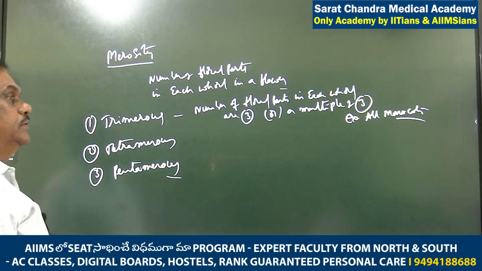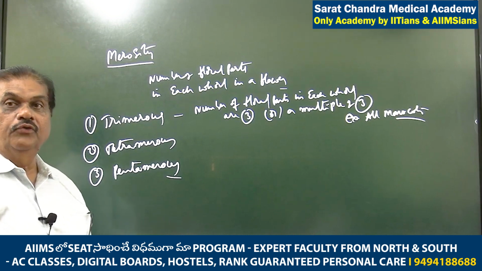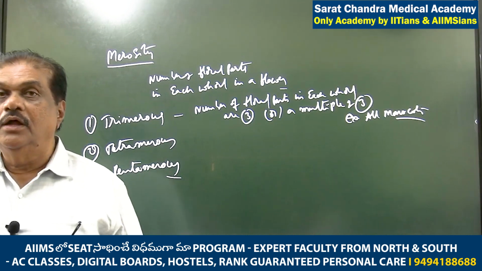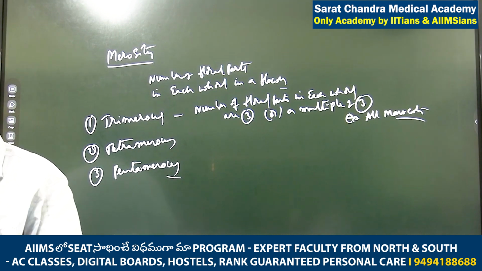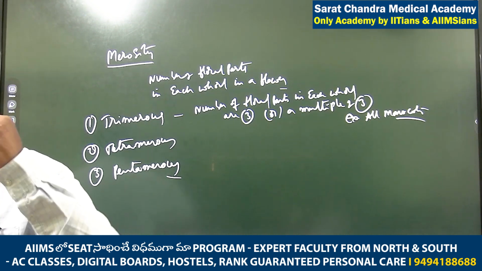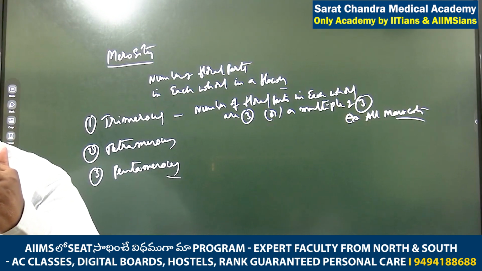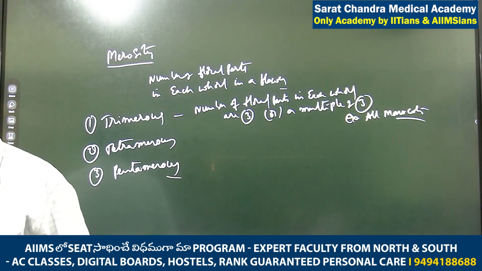Generally, you have to remember the merosity of the flower can be determined based on the sepals and petals only. In every flower, the number of sepals is generally equal to the number of petals. But stamens and carpels are variant, different in number.